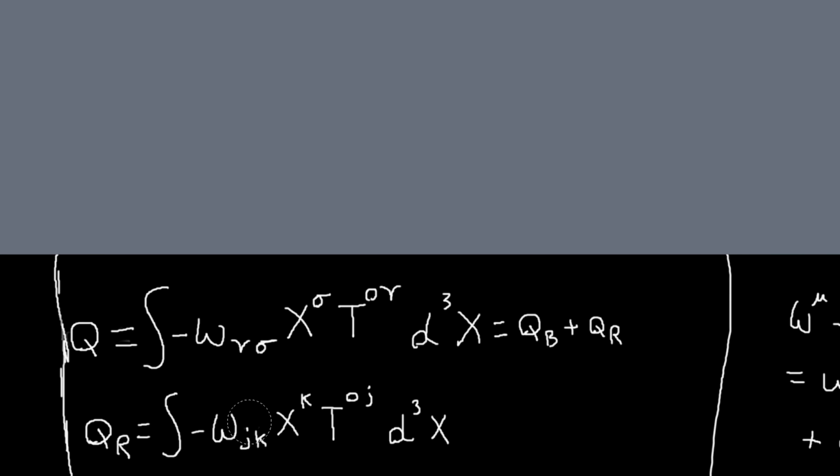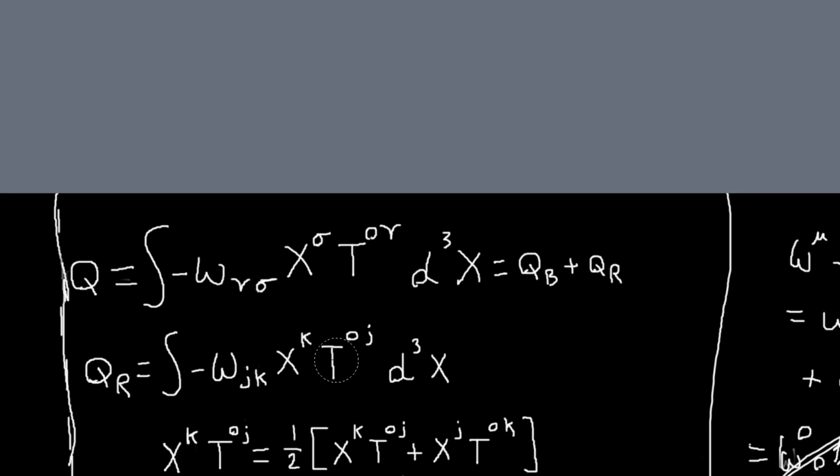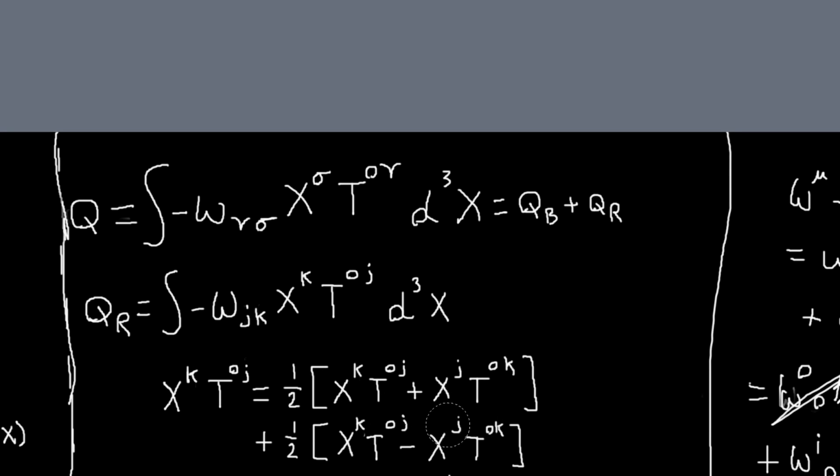So now I have, again, omega antisymmetric in J and K, and this is not necessarily symmetric or antisymmetric, but I know I can write any matrix as a sum of symmetric and antisymmetric parts, like this. This part is symmetric, this part is antisymmetric. Clearly these two things are equivalent, so I'm free to write this matrix as this.